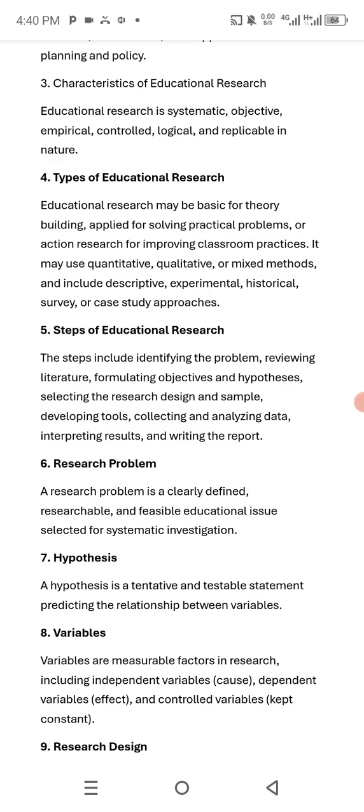So now, what are the steps of educational research?